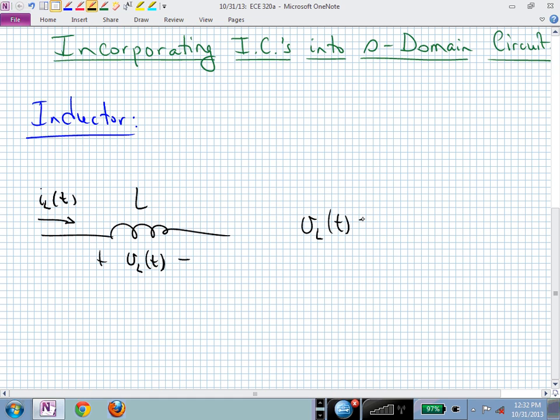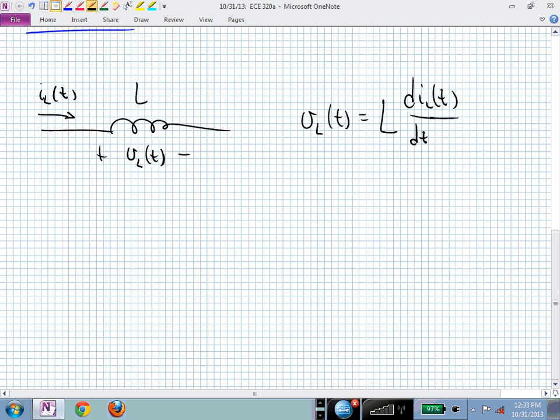And that's all consistent with ELI, which says that the voltage dropped across that inductor is proportional to the time rate of change of the current going through that inductor. That's our time domain version of the inductor, and we want to be able to put that into an S-domain equivalent. The S-domain equivalent is found by simply Laplace transforming that current-voltage relationship.